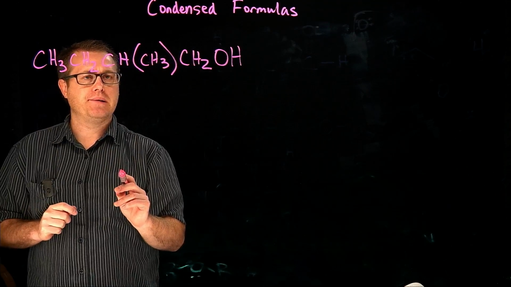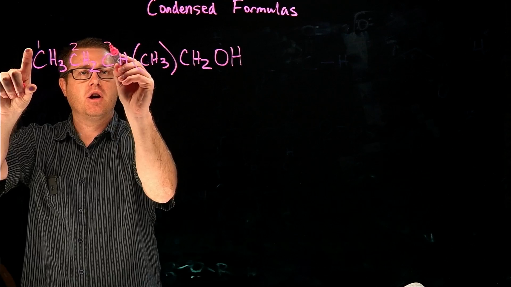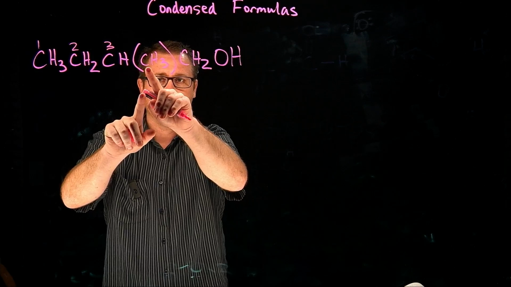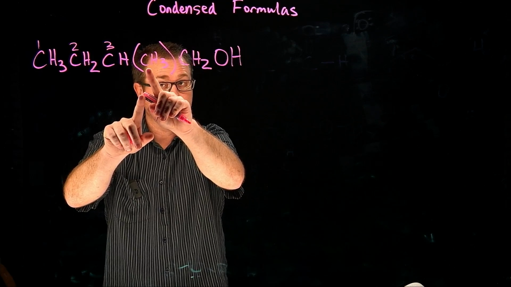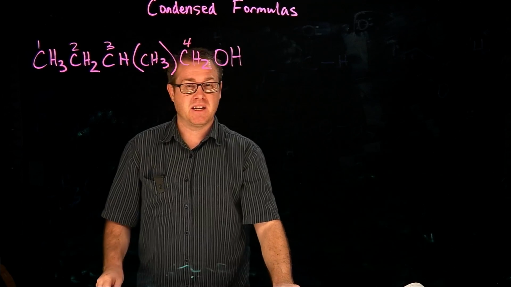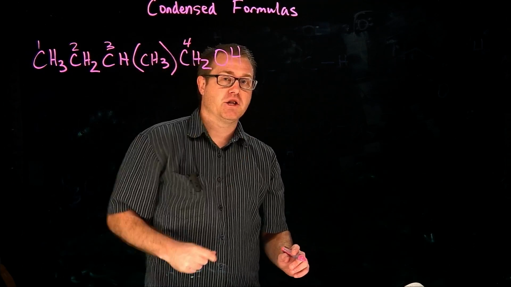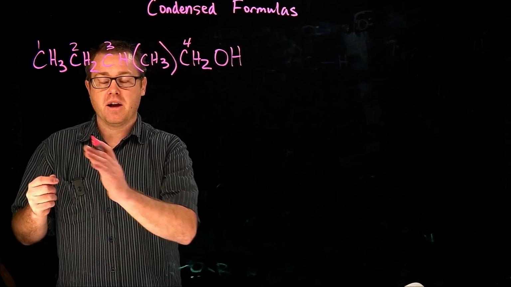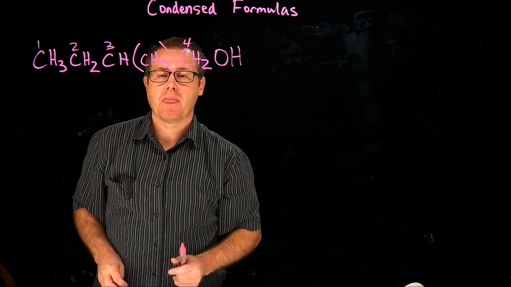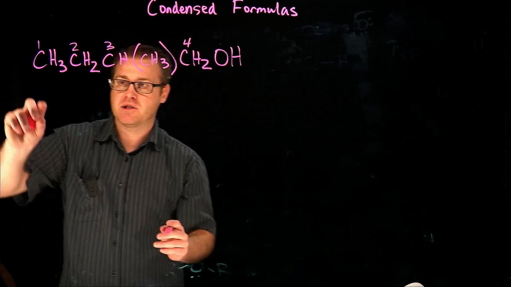So we have carbon 1, carbon 2, carbon 3. Now the question is, do I name that carbon 4 or do I just ignore it? Based off of my numbering scheme, you can see that I'm just ignoring it. What I'm doing is I'm trying to find the longest chain or longest sequence of carbons, and I'm ignoring the ones in the parentheses. And hopefully you'll see why that is after I start drawing the Lewis structure.